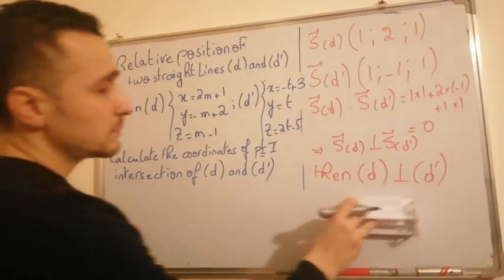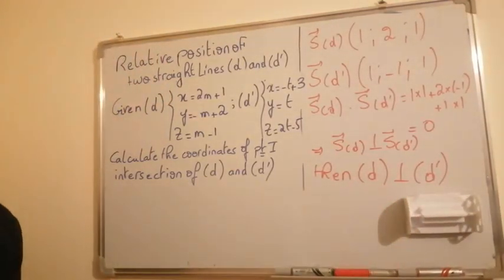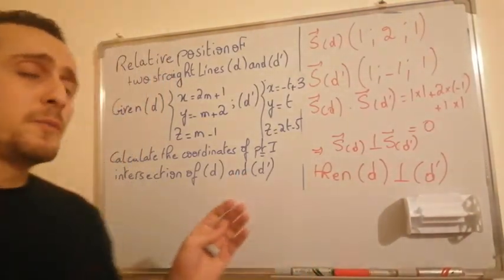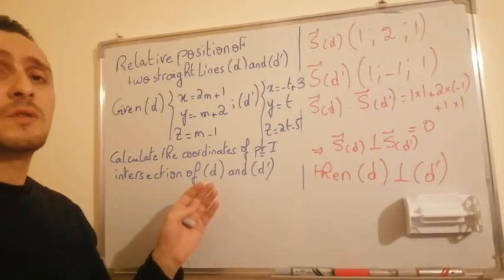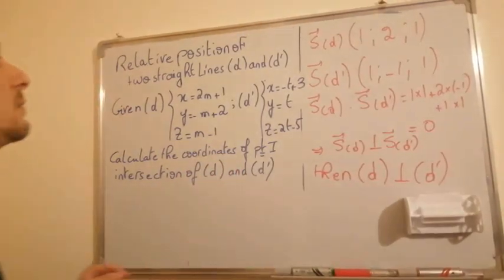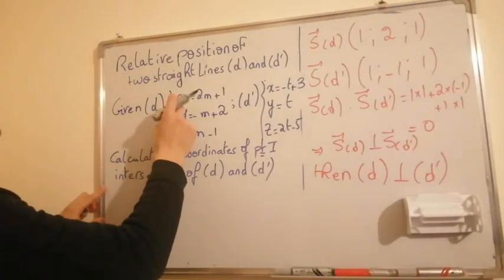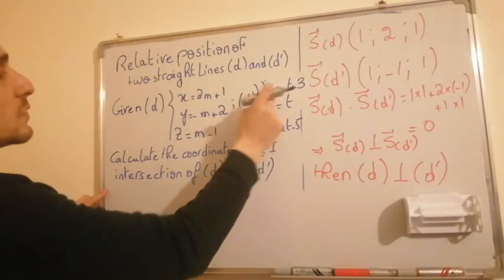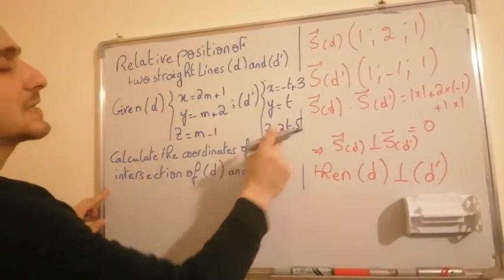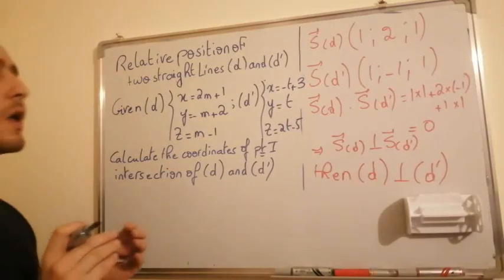Okay? To find the coordinates of point I, intersection of the two straight lines D and D prime, we have to take x equals x, y equals y, and z equals z, and solve the system.